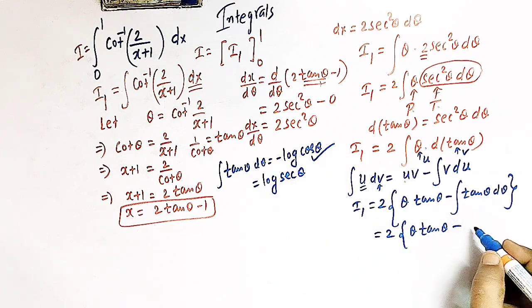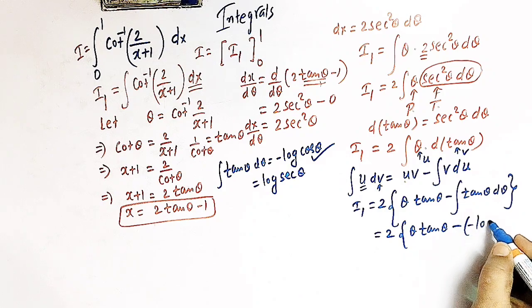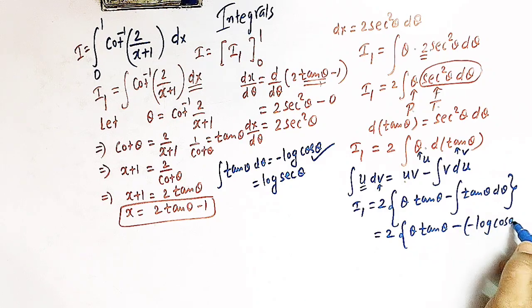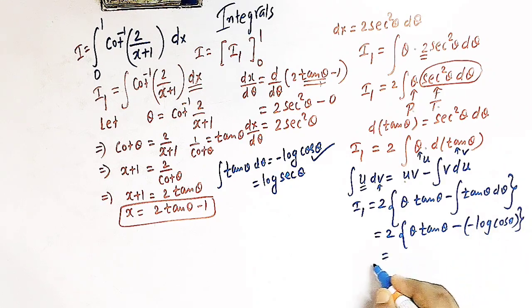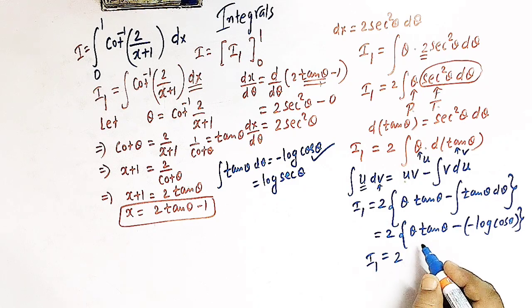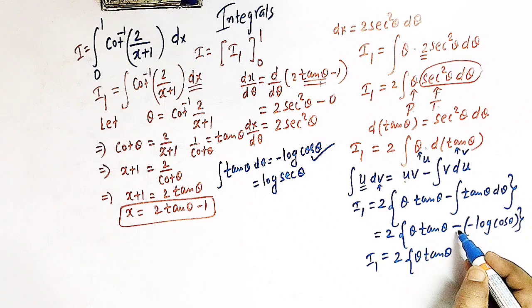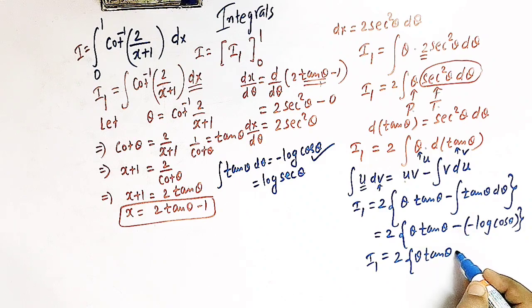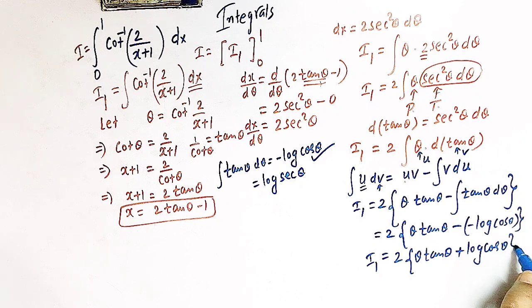So here we have minus log of cos theta. Now I1 is given by 2 times theta tan theta, and then minus times minus is plus, so we have log of cos theta, and obviously the constant of integration as c.